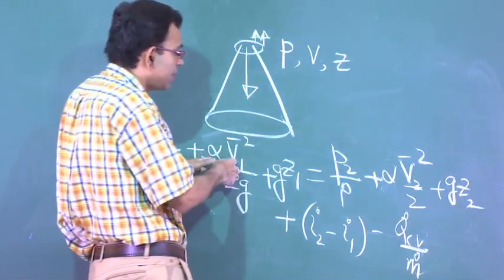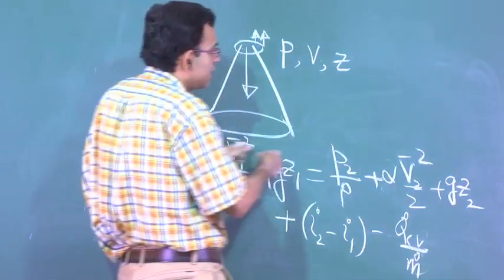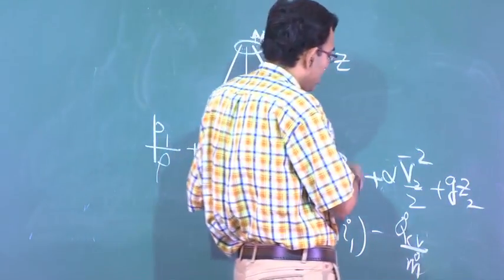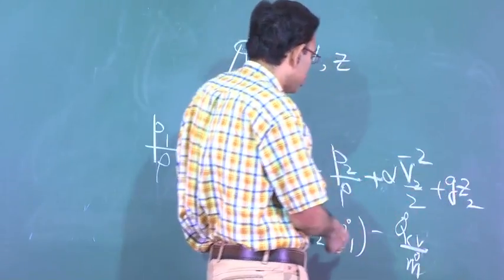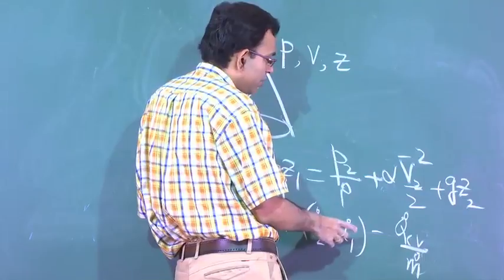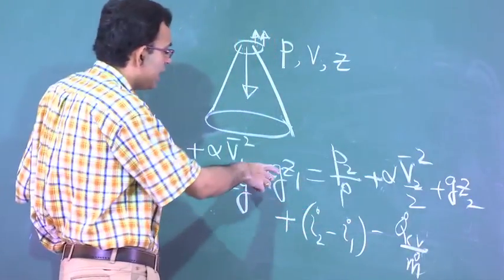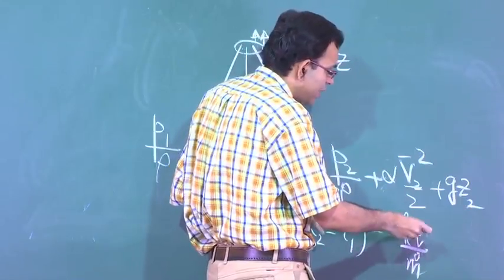So, a correction factor is included. This is flow energy, this is kinetic energy, this is potential energy. At 1, this is the sum of the energies at 2. The difference is because the energy at 1 is always greater than the energy at 2 if there is no heat transfer.